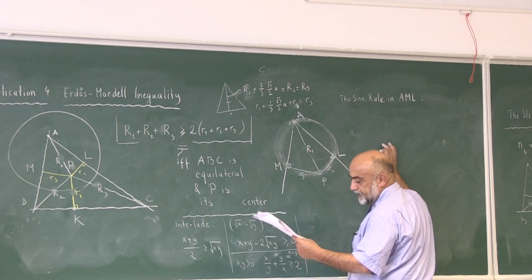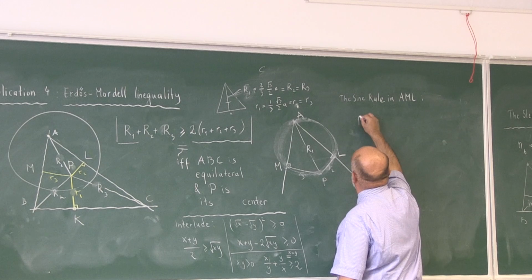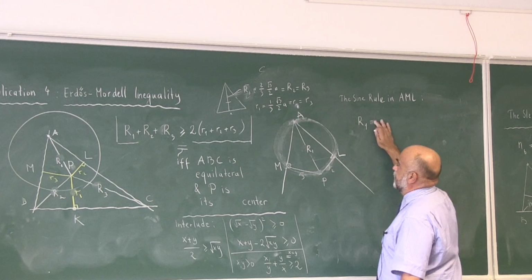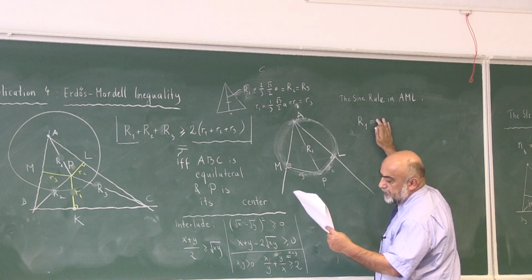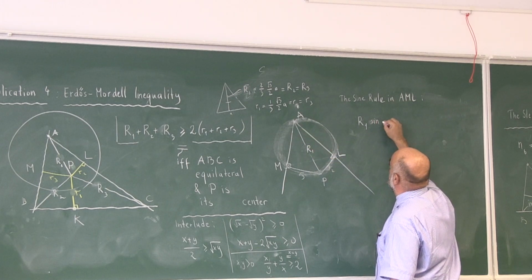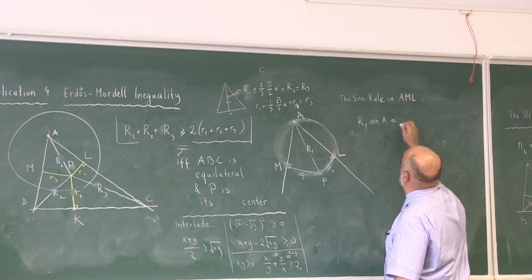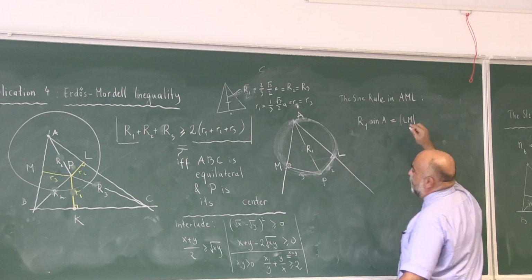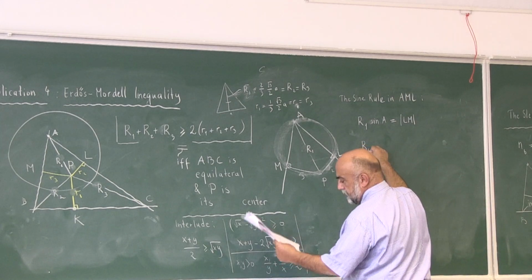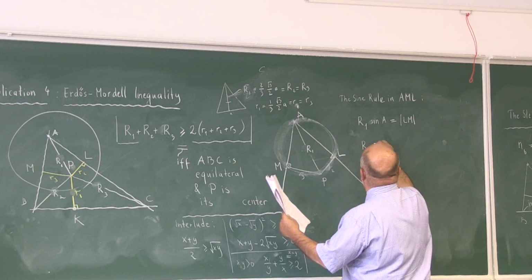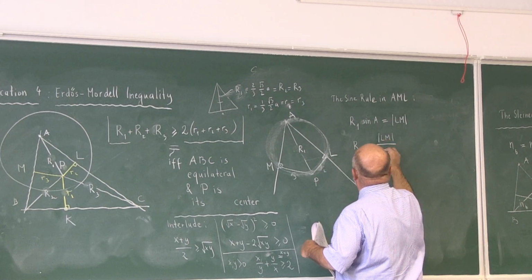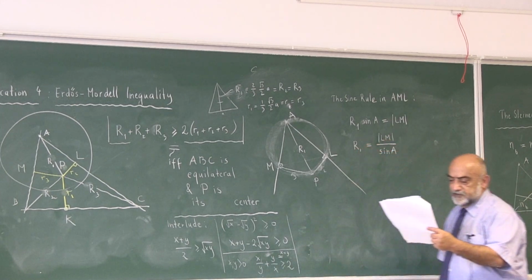So the sine rule tells me quite simply that R1 times sine A is equal to the length LM. I would much rather write this as R1 is equal to LM divided by sine A. Let me start with this.